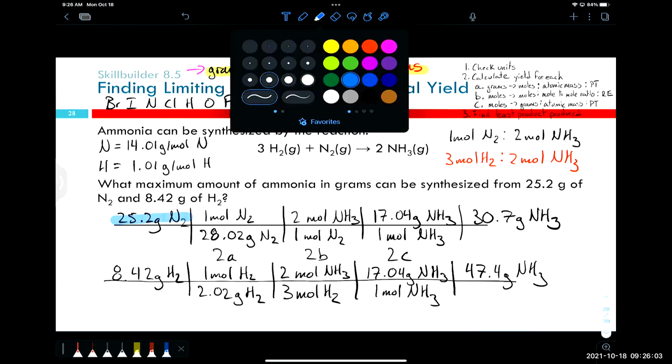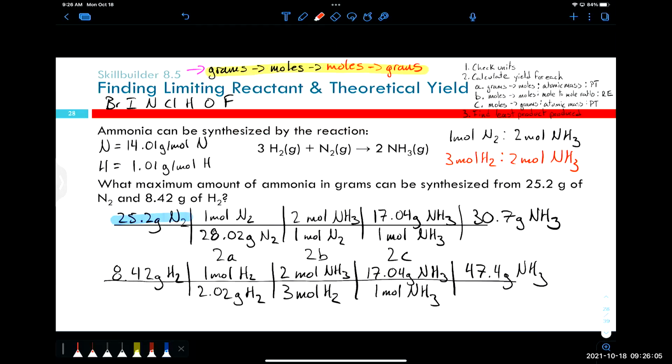So that means that the amount of ammonia produced by that amount of nitrogen will be our maximum. Yep, 30.7 grams. Any questions on that one? 30.7, yep. So the theoretical yield is also the maximum amount that can be produced.